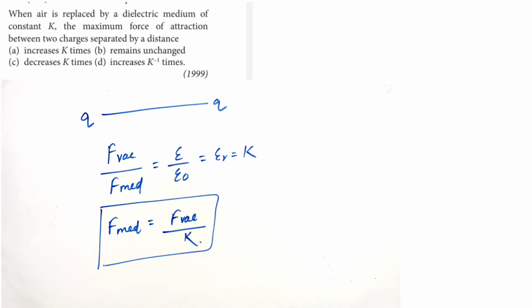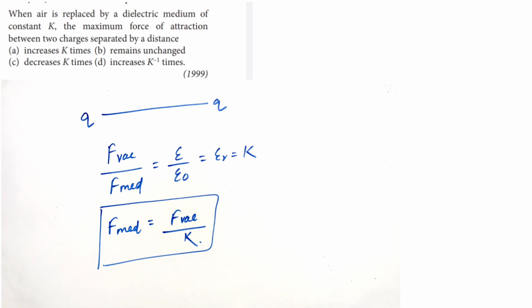When air is replaced by a dielectric medium of constant capital K, the maximum force of attraction between the two charges separated by a distance is. So the options are given, and the solution is very clear.